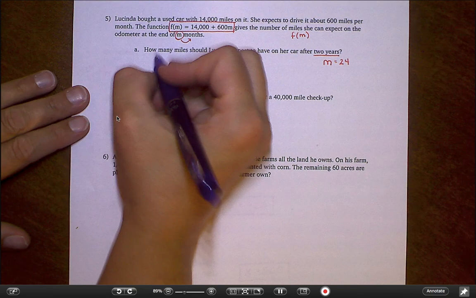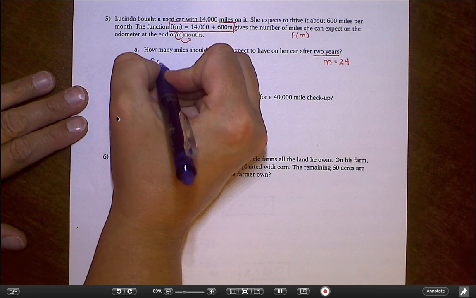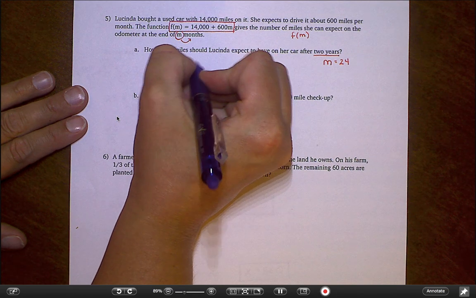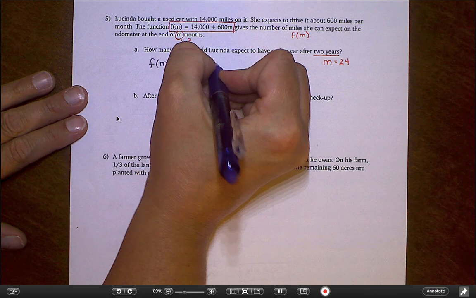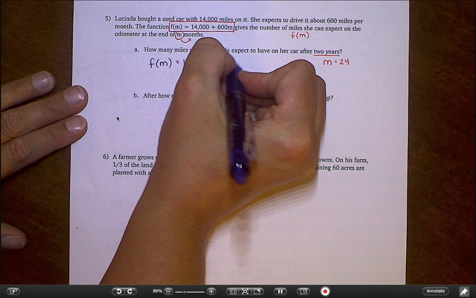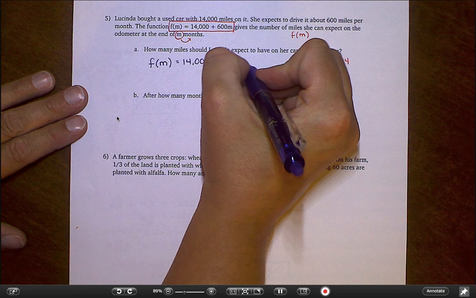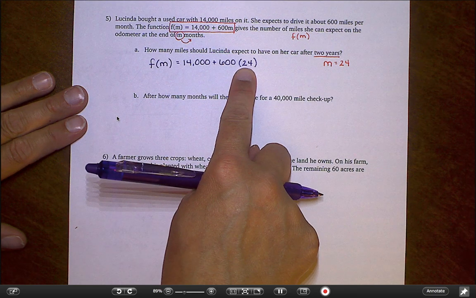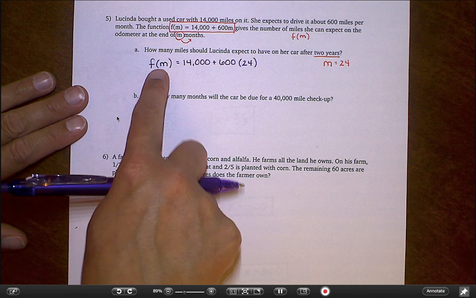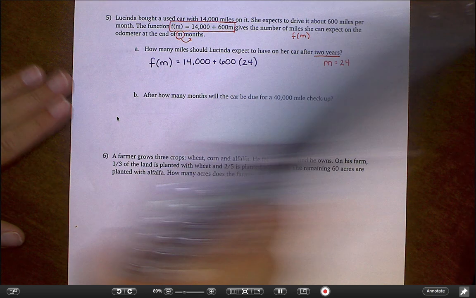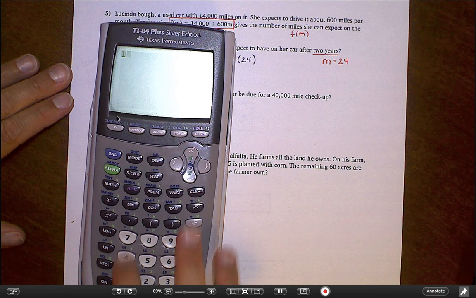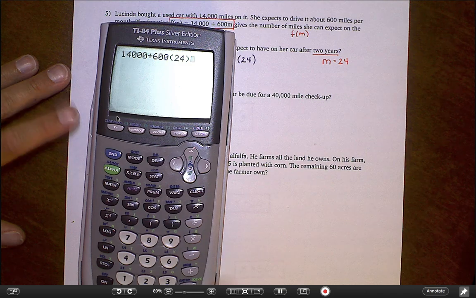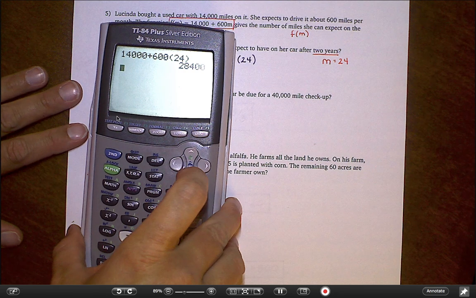So this really just becomes F of M equals 14,000 plus 600 times 24. And then I'm just crunching numbers here. I don't even really have to solve because the thing I'm solving for is out here by itself. So 14,000 plus 600 times 24, I get 28,400.